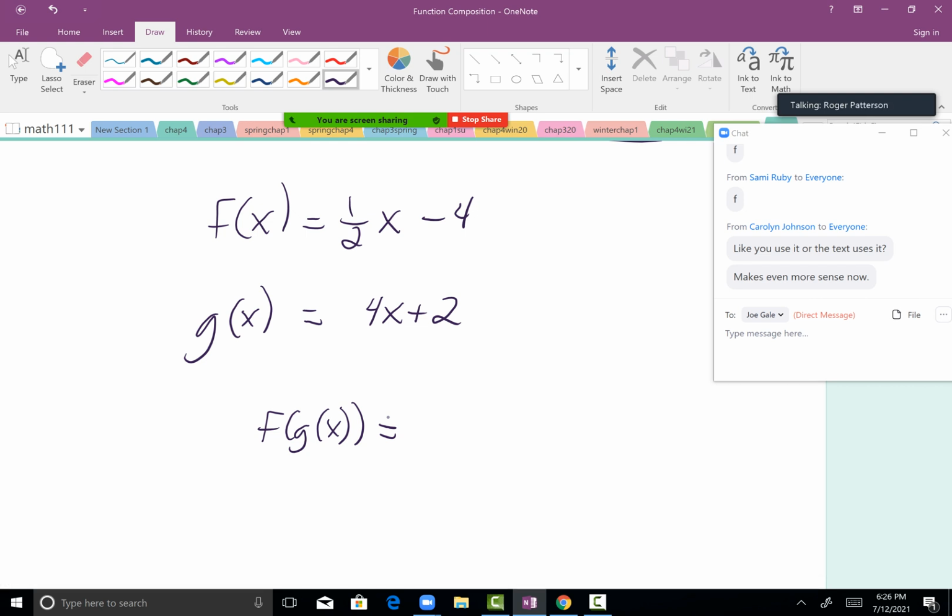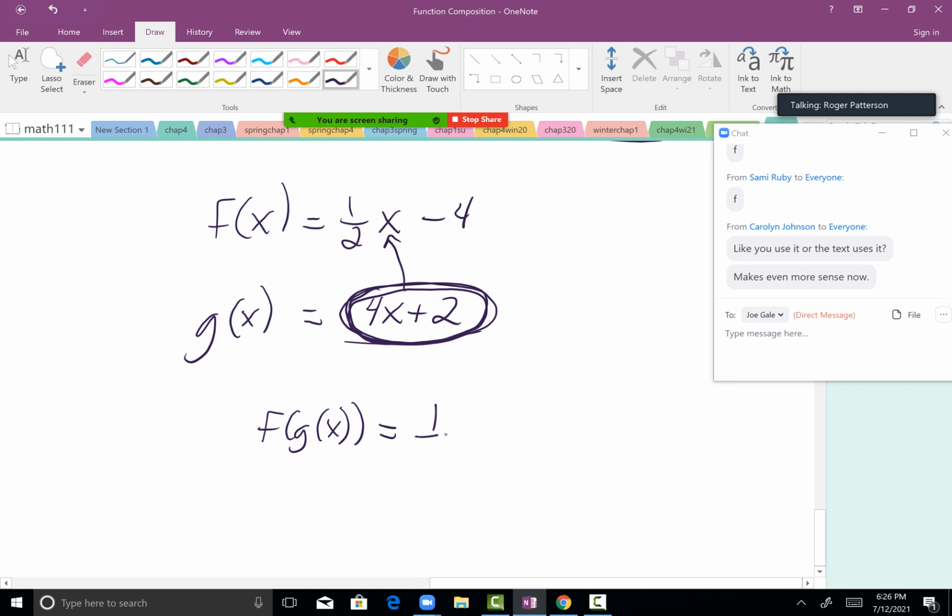So what is that? Well, it's kind of the same thing. So this g of x here, if I put numbers into that, I get numbers out. And those outputs become the inputs into the f function. So this whole thing here becomes the input right there.